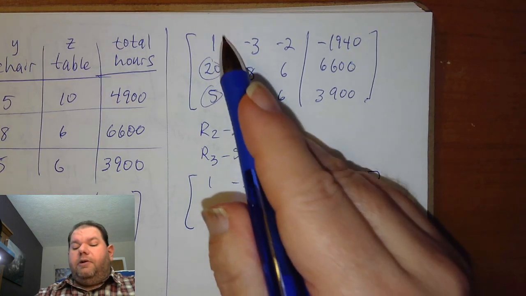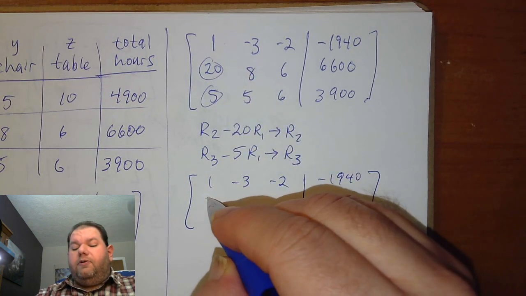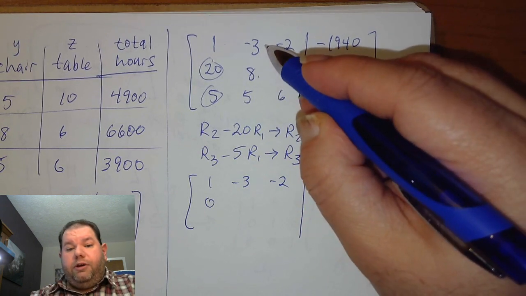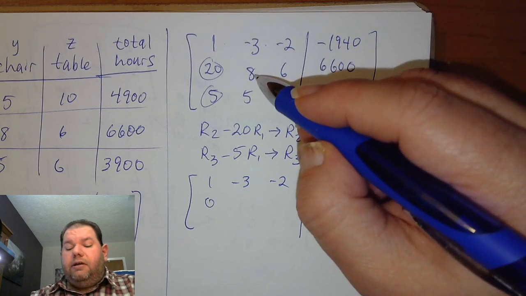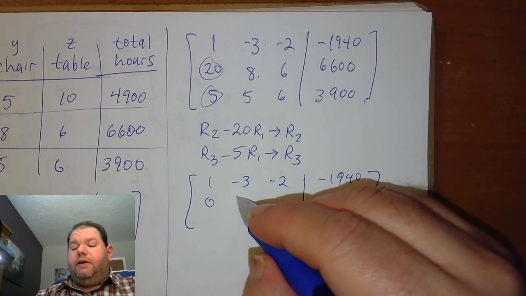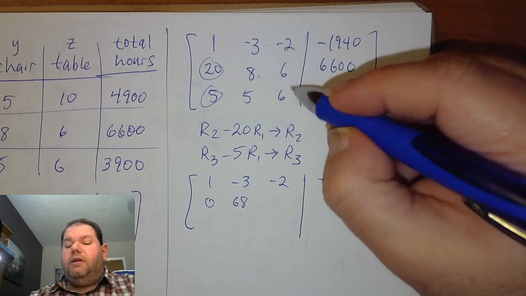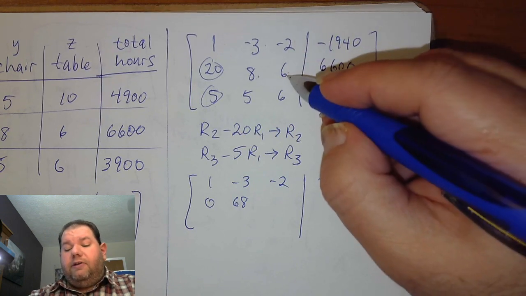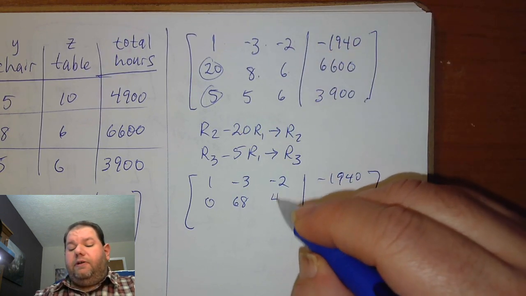Okay, so 20 minus 20 times 1, 20 minus 20 is 0. 8 minus 20 times negative 3, 8 plus 60, 68. 6 minus 20 times negative 2, 6 plus 40, 46.